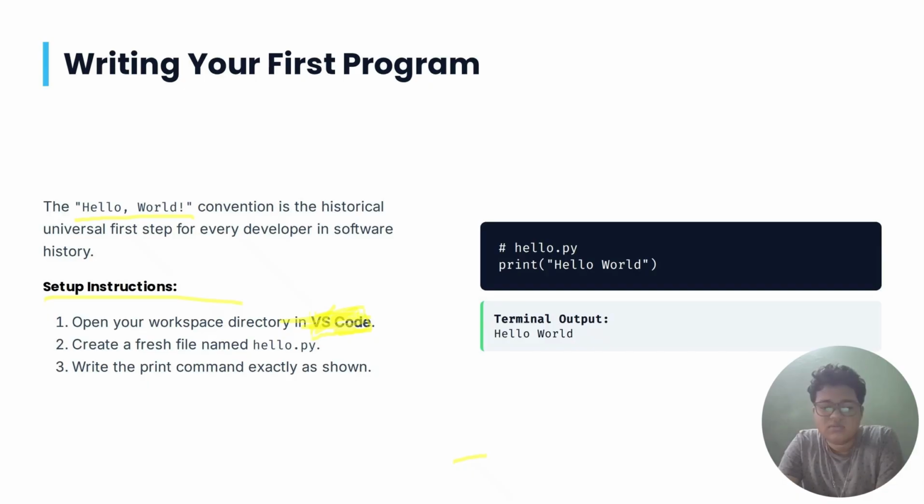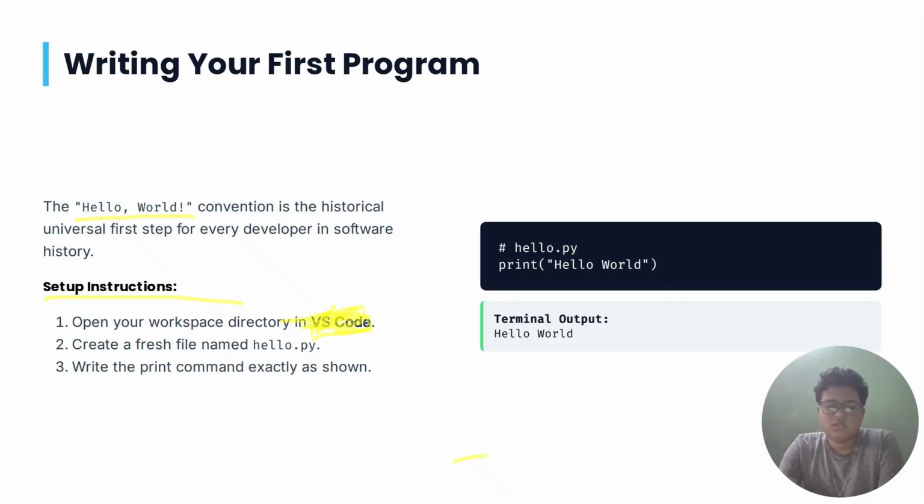VS Code is a workplace where everything is there. If you are writing Python, every built-in library will be there. If you are coding in C, C++, Java, any language, everything is supported there. So it's very good for coders.